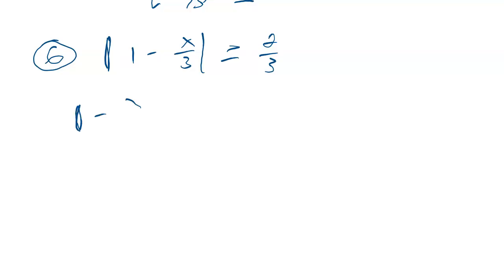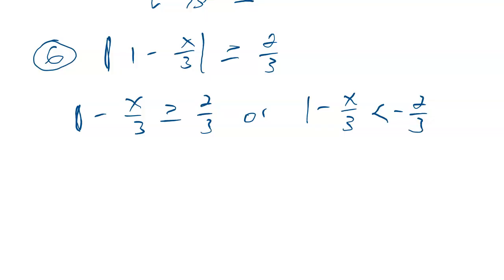That happens when (1 minus x) over 3 is greater than or equal to 2/3, or (1 minus x) over 3 is less than or equal to -2/3. Solve each inequality. Maybe multiply both sides by 3. 3 minus x is greater than or equal to 2.